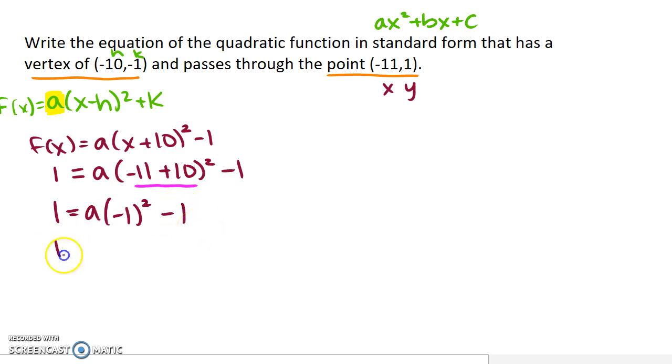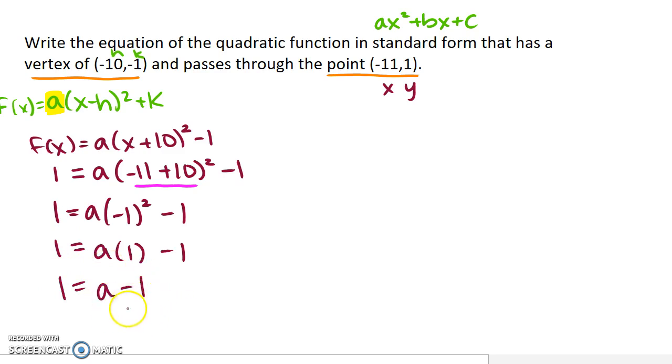And from here you have 1 equals, next thing is exponents. So we'll have a, and -1 squared is 1. And you have -1. Well, 1 times a, if you wanted to write it as just a, that's totally fine.